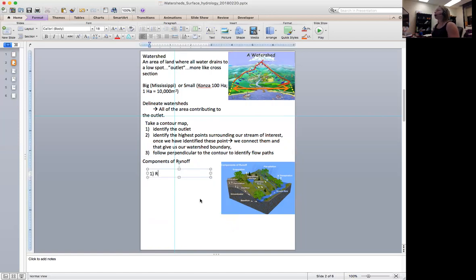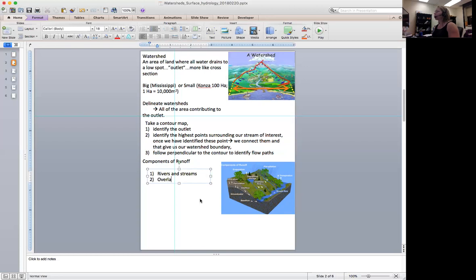Rivers and streams deliver water at almost the fastest rates, because once water is channelized in a river or a stream, it has less frictional force, and we can have a lot of flow that happens in extremely fast manners.